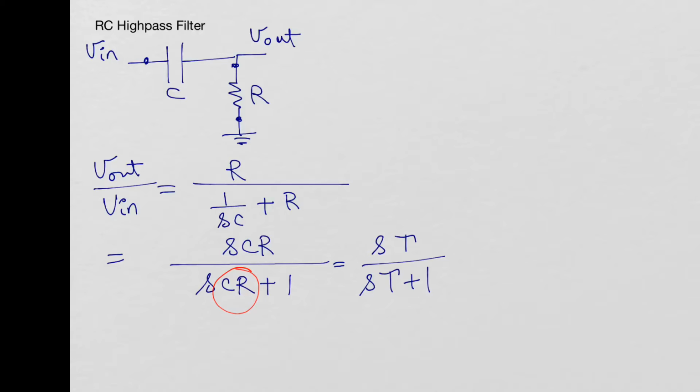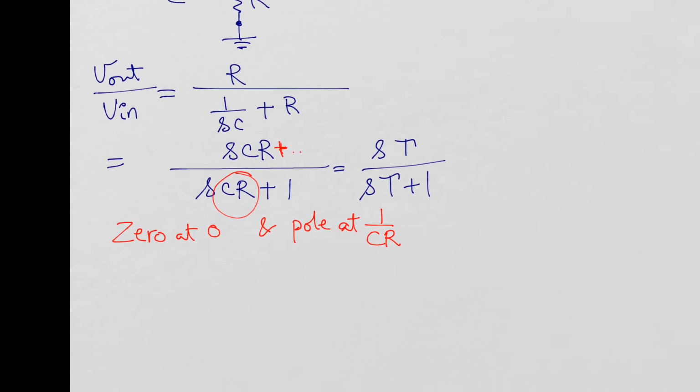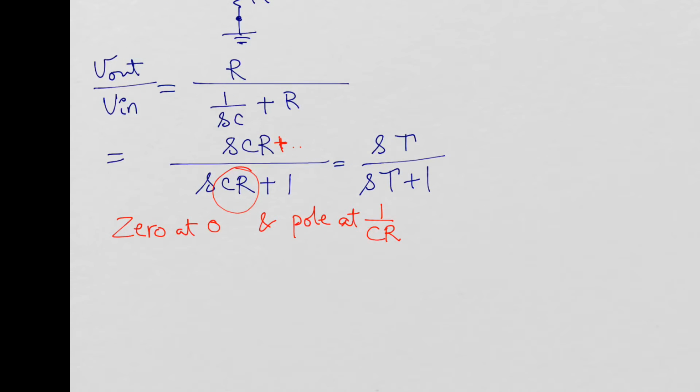There is no plus term in the numerator, so there is nothing for the real part, so it has a zero at 0. So you can imagine it to have a zero at 0 and a pole at 1 over CR.